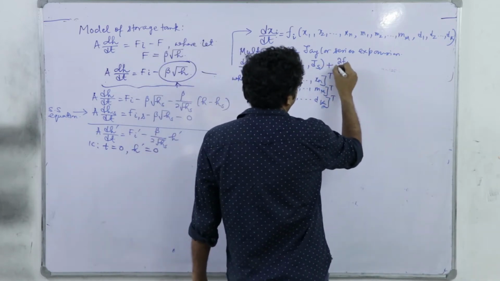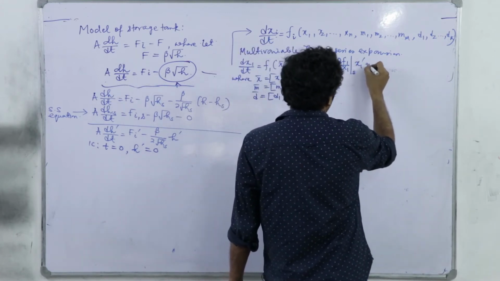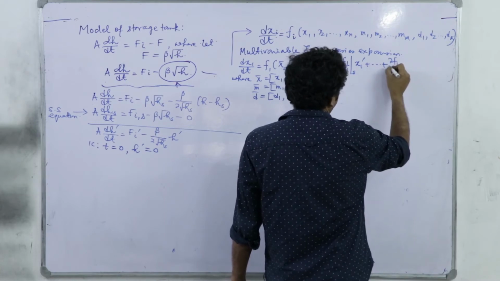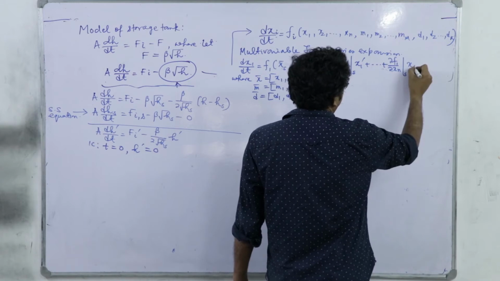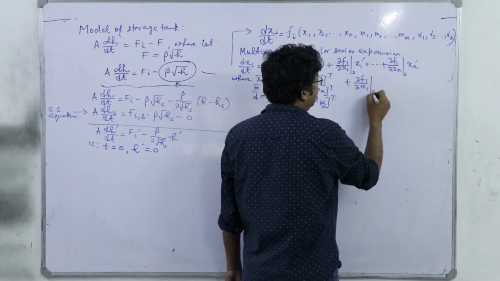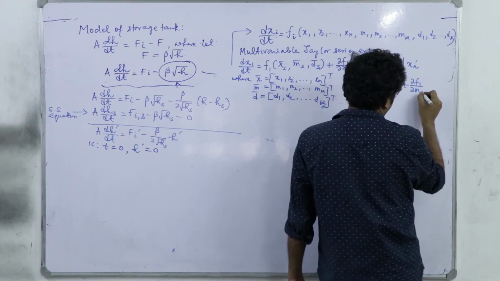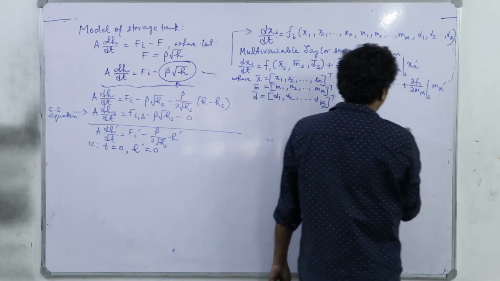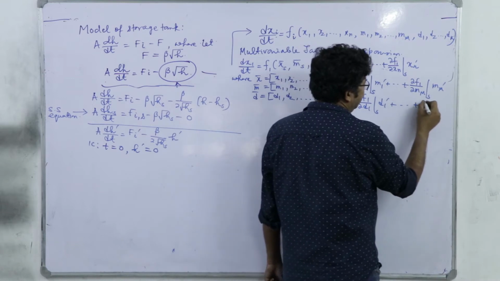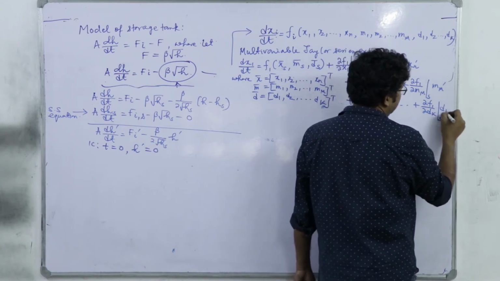Next, it will be del f1/del x1 at steady state into x1 prime, plus and so on up to del f1/del xn at s into xn prime, plus del f1/del m1 at s into m1 prime, then del f1/del mm at s into mm prime, plus del f1/del d1 at s into d1 prime, and finally del f1/del dk at s into dk prime.